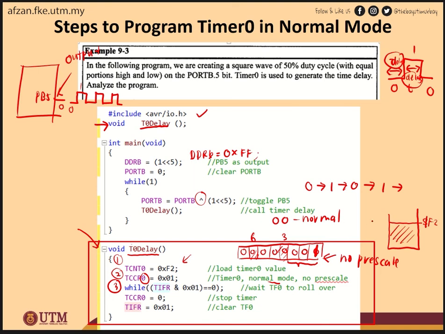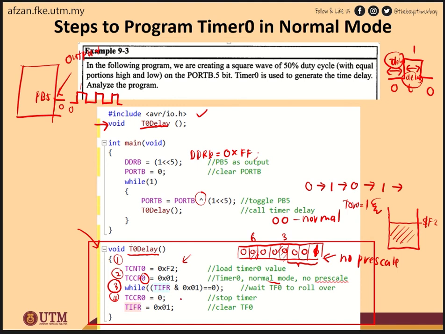I will keep monitoring until the water overflows from this bottle and TOV0 becomes 1. If not, I keep repeating, and the delay is generated accordingly. And then step number 4. What is step number 4?